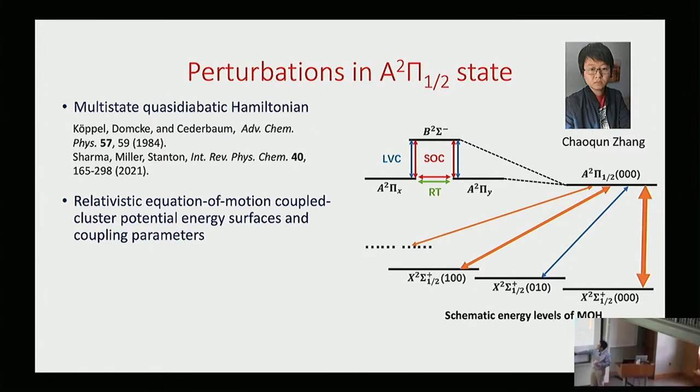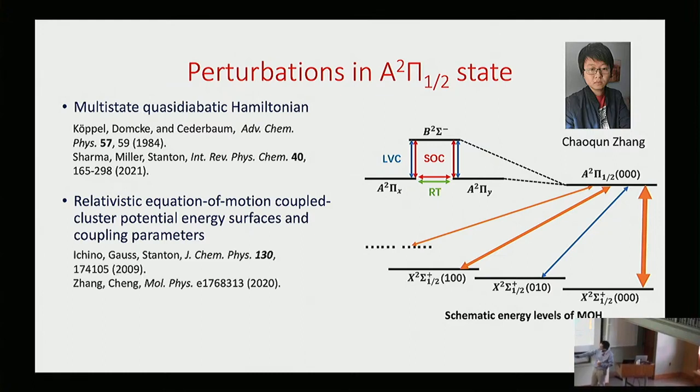And also we calculate the coupling parameters. For the diabatic coupling parameters, we follow the recipe by John Stanton and Jürgen Gauss and Takatoshi Ichino within coupled cluster theory, and Chaojun contributed to the calculations of the spin-orbit matrix elements.